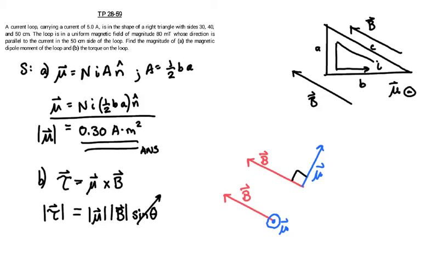So really, in this problem, the major factors are going to be the magnitude of our magnetic dipole moment and the magnitude of the magnetic field vector.